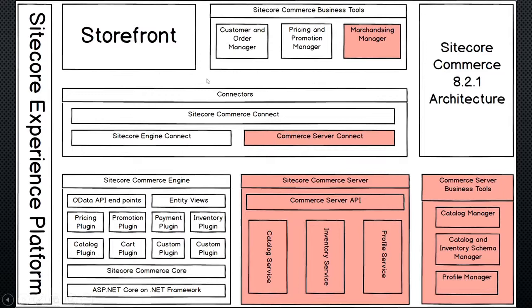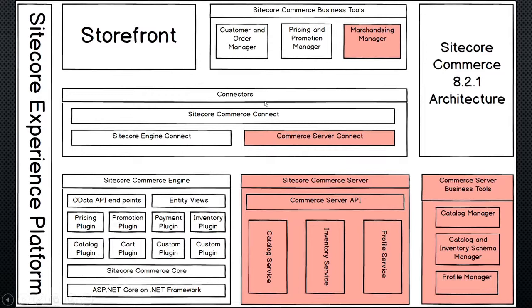So we have seen commerce and order manager, pricing and promotion manager, merchandising manager. These are the business tools. Okay, and merchandising manager still uses some of the commerce server APIs and talks to commerce server. But all these and the storefront talk to the commerce engine, which is this, through the connectors.